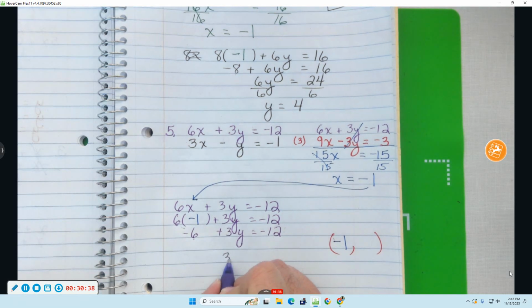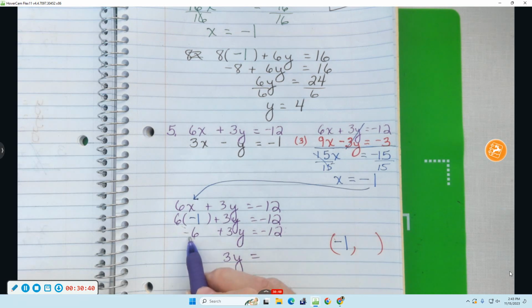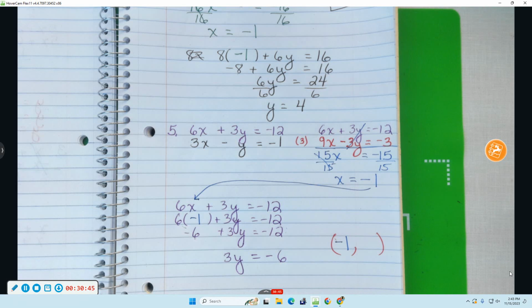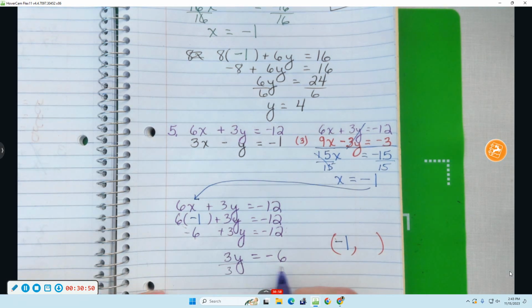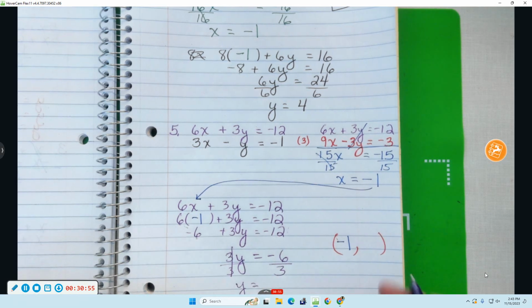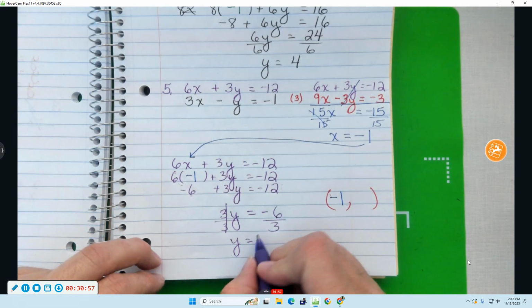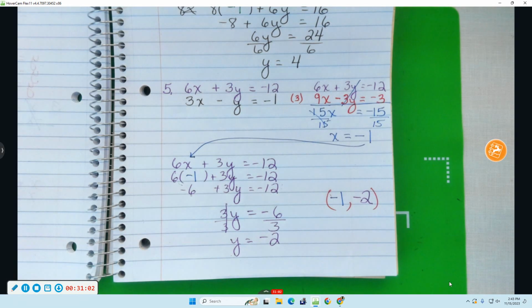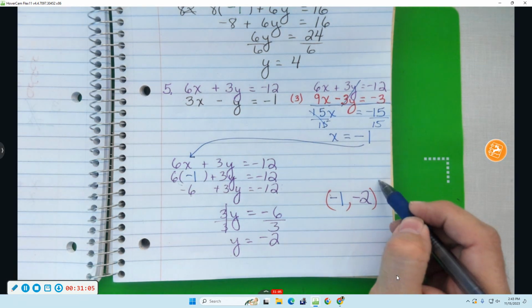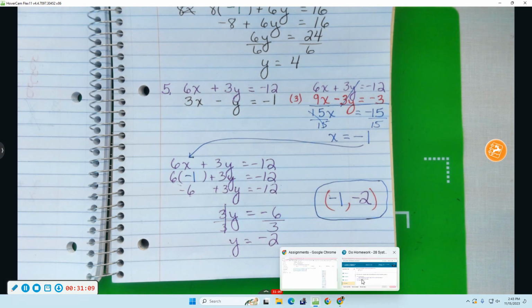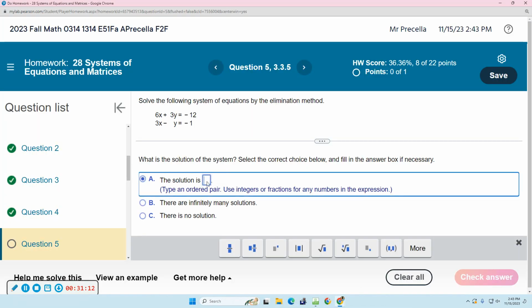So we would have a 3y equals, if I add 6, am I going to have a -6 over there on the right? And then divide both sides by 3 to get y equals, oh wait, I'm out of room, -2. So -1, -2 is my point of intersection.